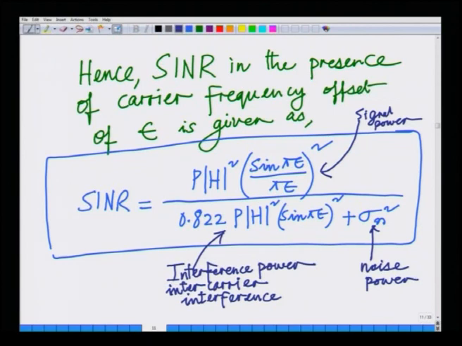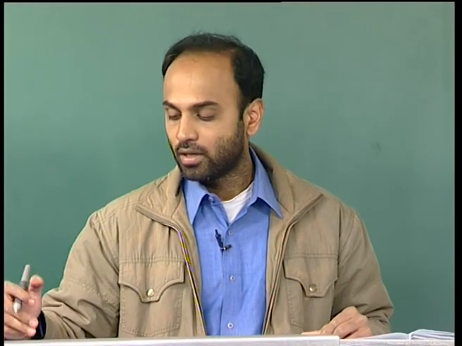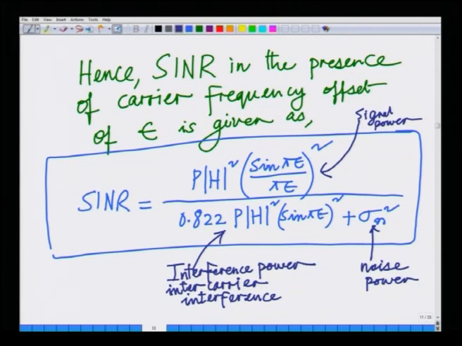Okay. So, now we have derived the signal to interference noise ratio in the presence of carrier frequency offset of epsilon, all right, which is P magnitude h square, where magnitude h square, remember, is the average gain across each subcarrier, that is expected H square sin pi epsilon by pi epsilon whole square divided by 0.822 P magnitude h square sin pi epsilon square plus sigma n square, which is the thermal noise.